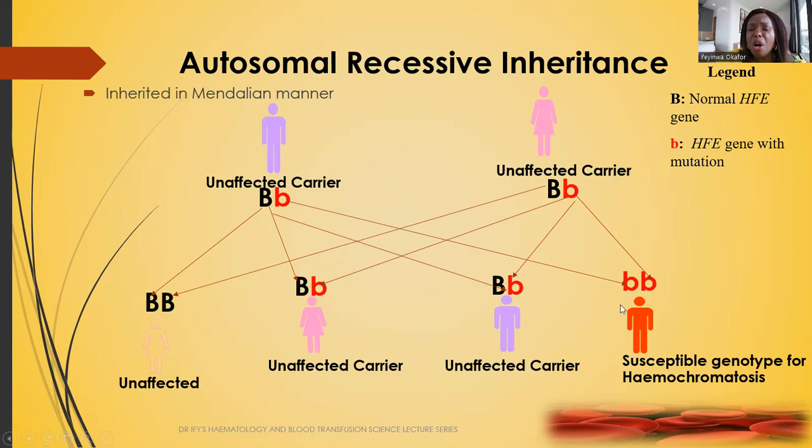And only one of the offspring inherits the mutated gene from both parents. This person is said to have the susceptible genotype, susceptible to developing hemochromatosis.